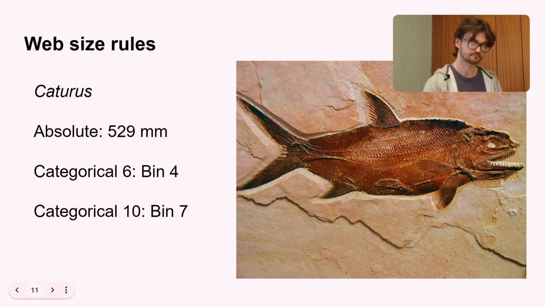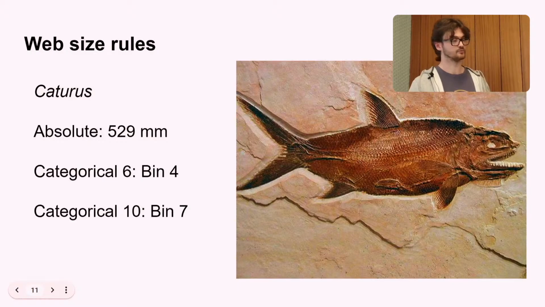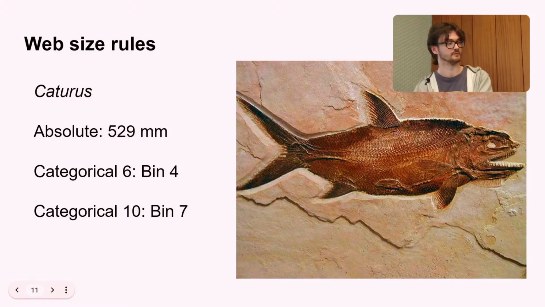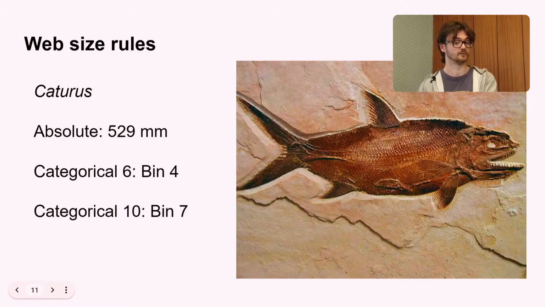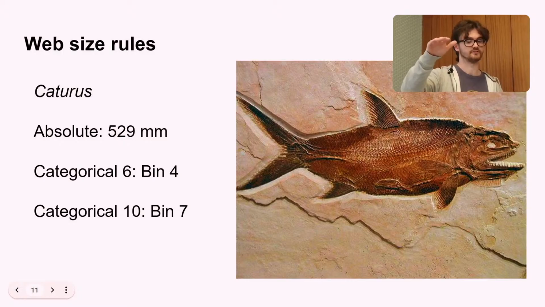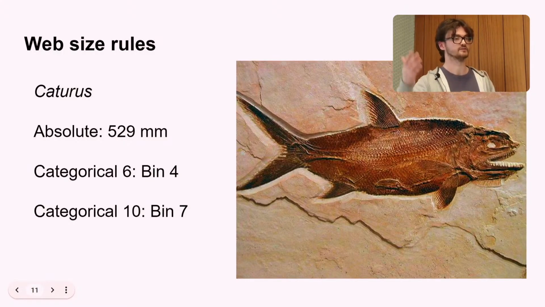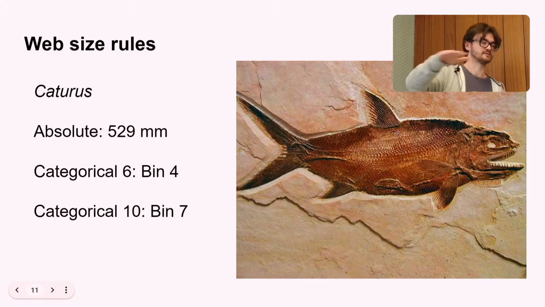Its absolute size is 529 millimeters, so that's its maximum adult body size. One of the webs uses absolute maximum body size, and in that web, a predator can consume any other resource that is the same size or smaller than itself.